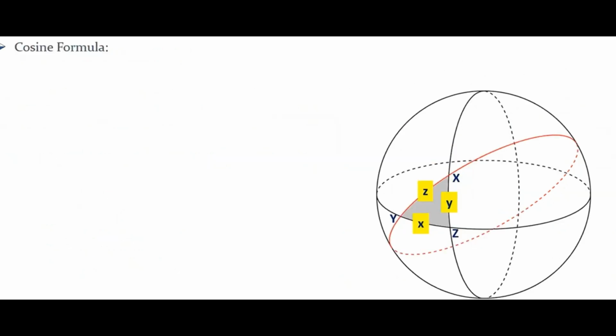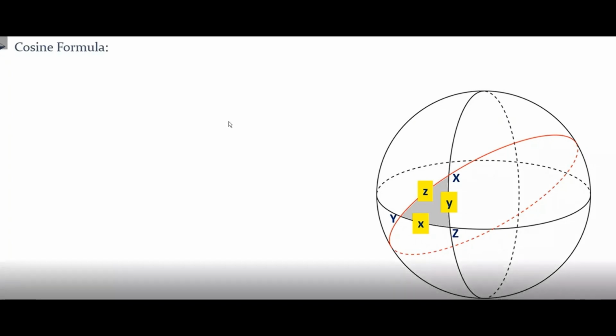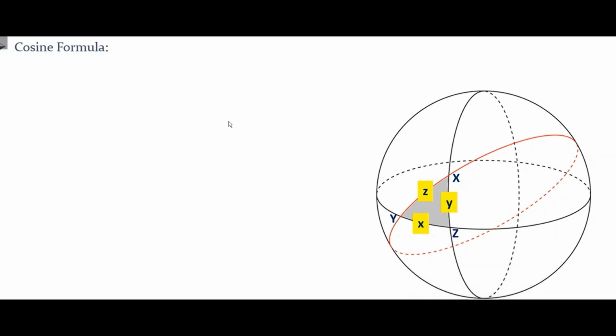Now, the cosine formula is the formula which will be used for solving questions in this part of the video. We now come to one of the most important formulas in spherical trigonometry and in celestial navigation as well. Basically, beta, we have two important formulas in all of spherical trigonometry, which we use very frequently in celestial navigation.